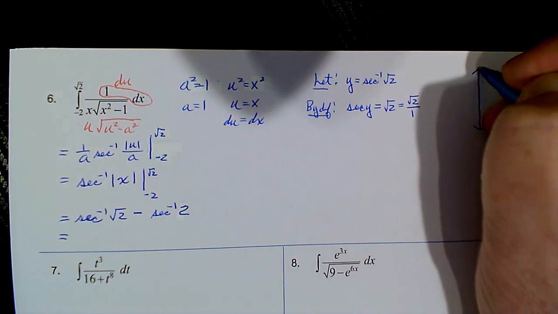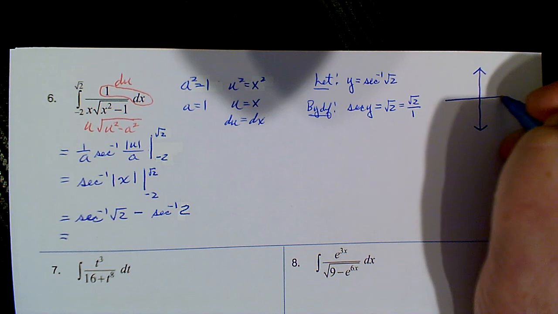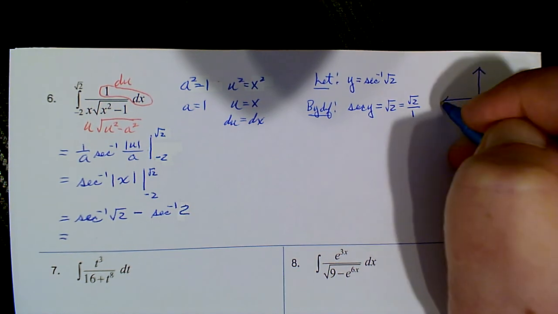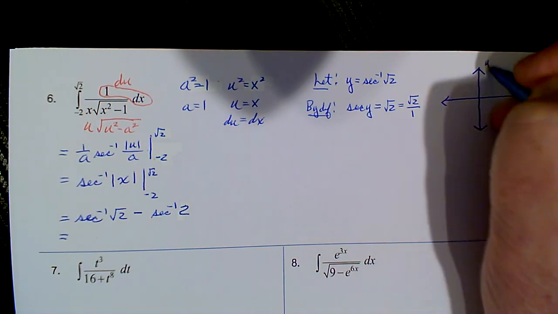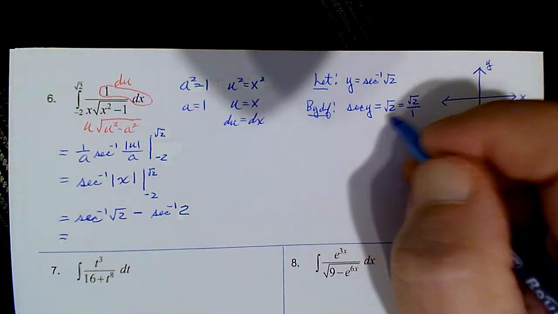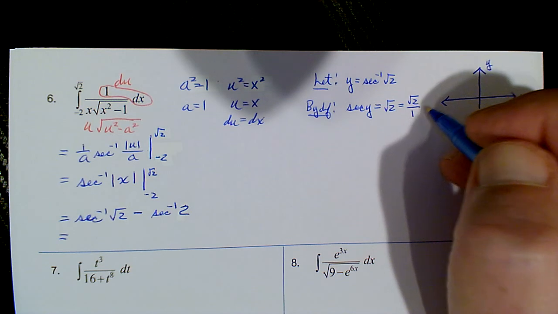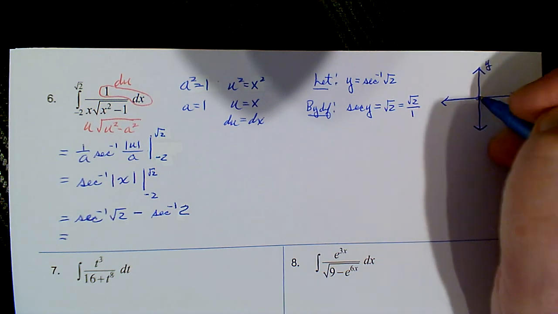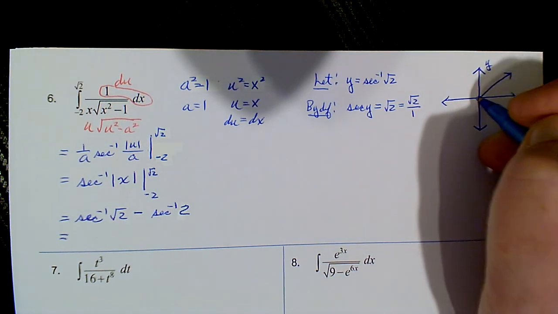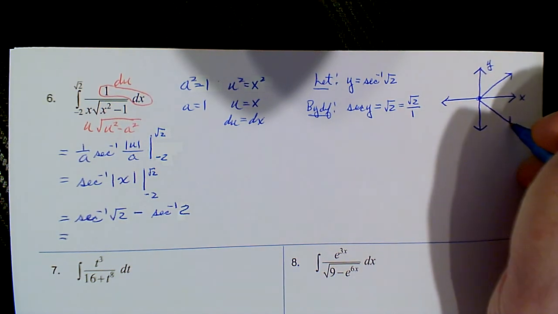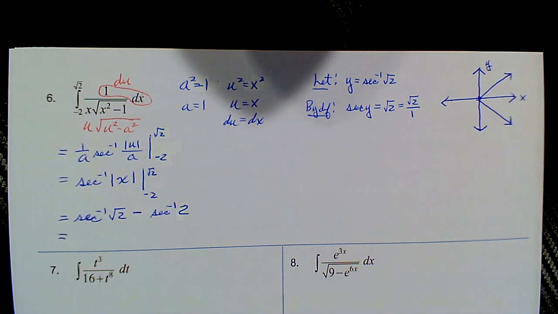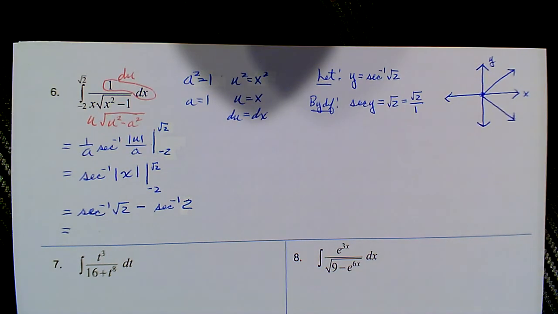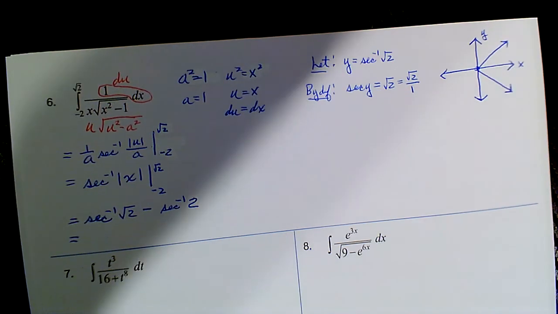First off, what quadrants could we be in? That's based on secant being positive. If secant is positive, that's the same where cosine is positive: quadrant 1 or quadrant 4. But we're going to be able to eliminate one of those quadrants based on the range of the secant.